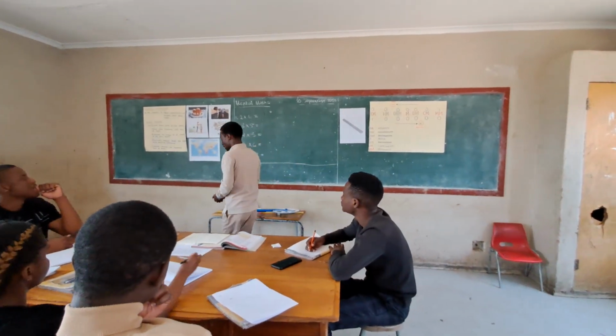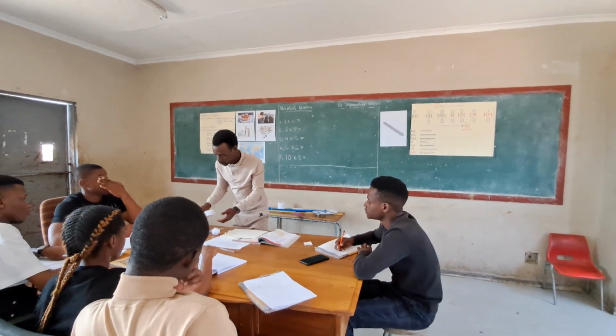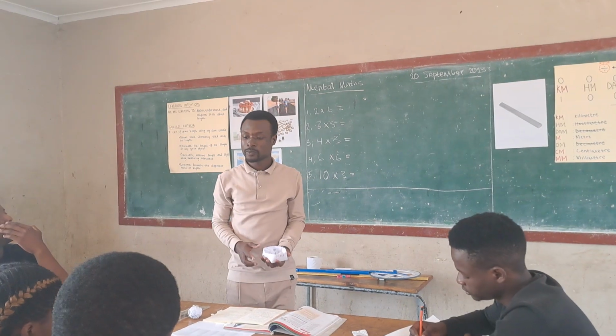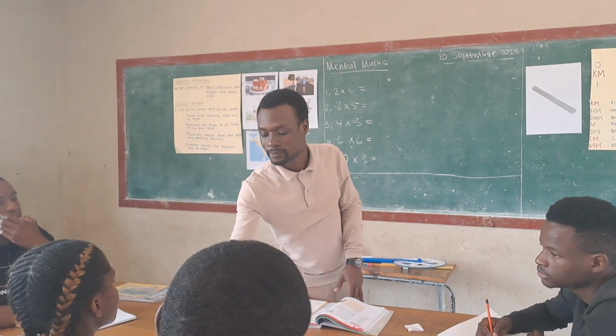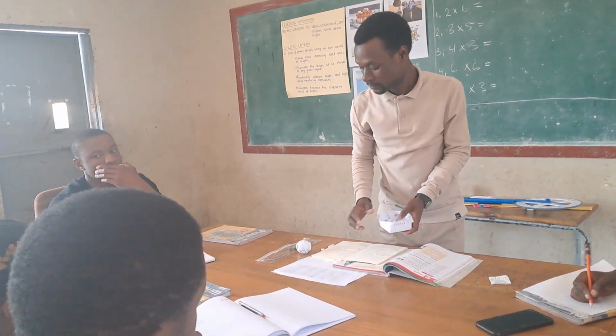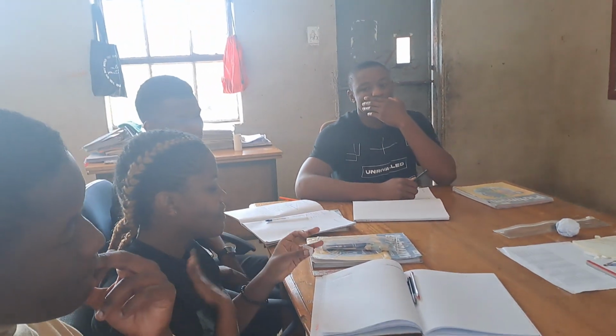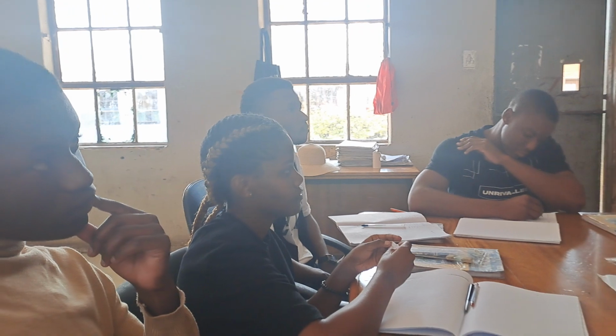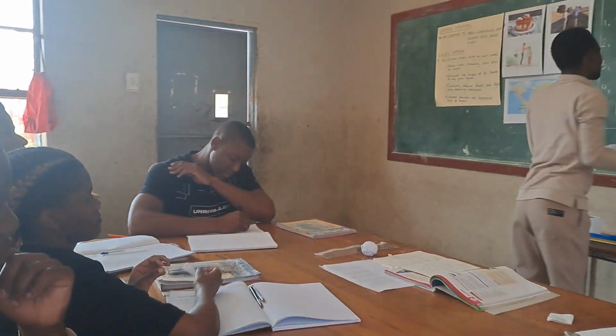I'm going to use my name stick to request. Can you pick up one? 2 times 6? It's 12. 2 times 6 is 12. Yes, 12.